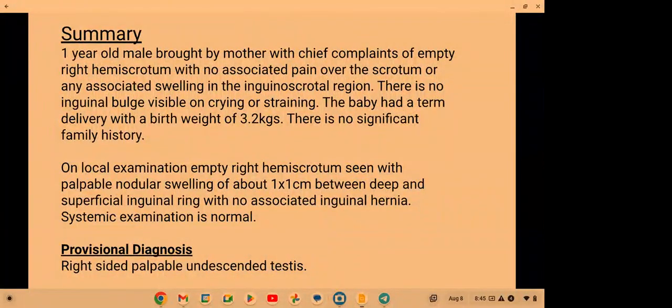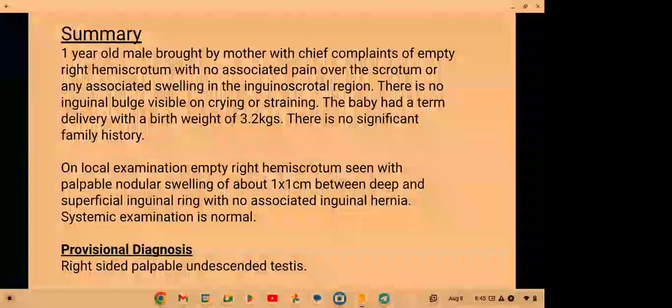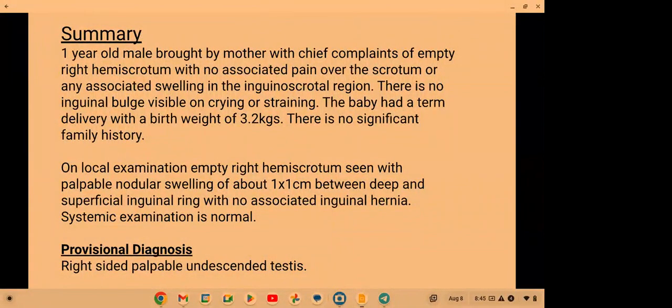Suppose your mobilization is perfect, there is no tension in the spermatic vessels, then how do you fix the testis in the bottom of the scrotum? How do you do it? Ma'am, after the proper mobilization is done, we make a small incision of about 2 to 2.5 centimeters on the scrotal skin, and from there we make a space in the subdartos plane between the skin and the dartos fascia.